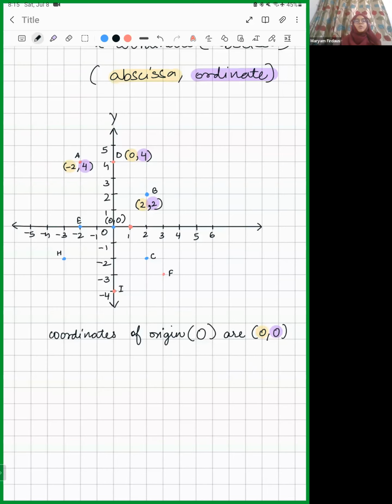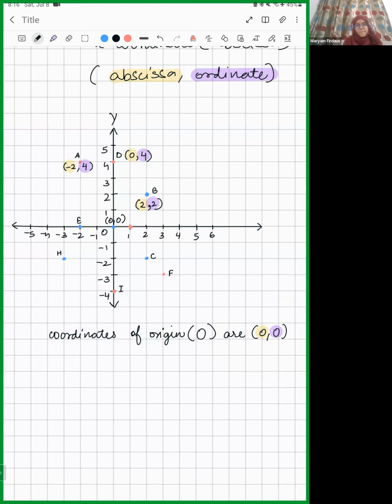Remember, no matter what it is, you're always going to start at the origin. If you want to find the coordinates of any point, you have to start at the origin. Now you start at the origin, and tell me, how many units do you have to move in the x direction to get to the point E?